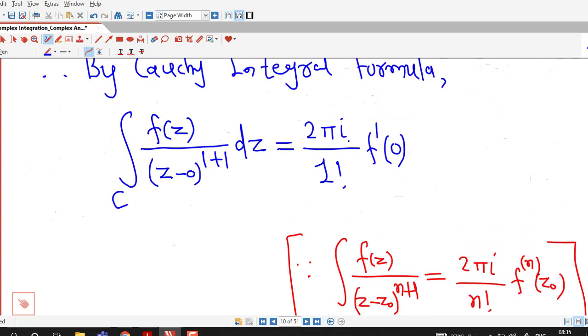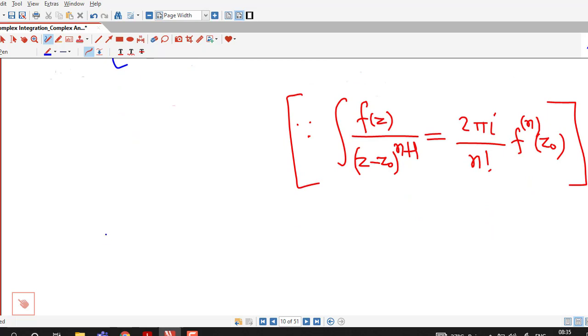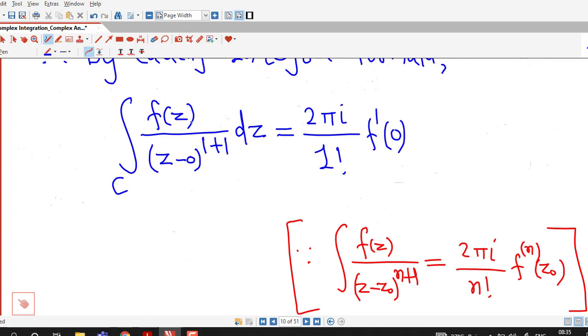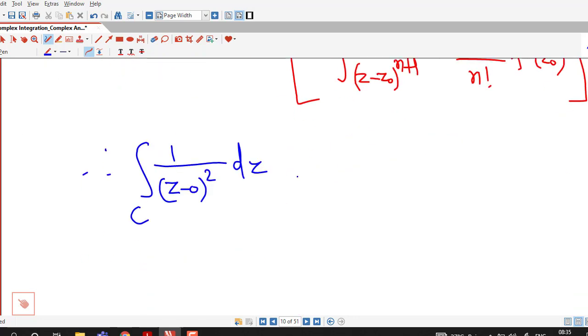Now I take the value of f of z, which is 1 here. So the integral with f of z equal to 1 is over z minus 0 square dz. Here 1 factorial is 1, 2 pi i, and the derivative of f of z equal to 1 is 0, so I have 0 here.